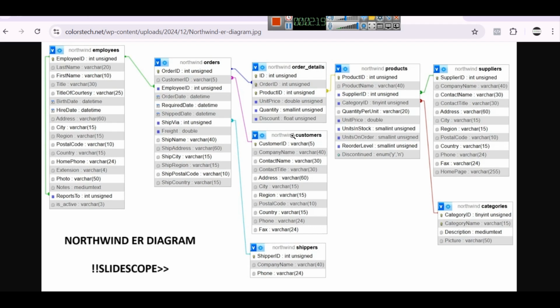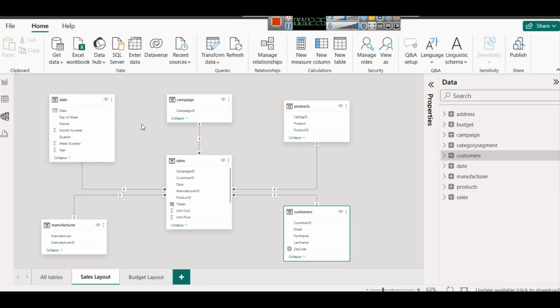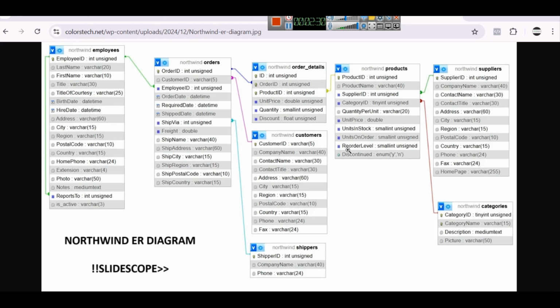Orders are connected to customers, customers are connected to shippers. In the similar way we have this relation. So we can see that product is connected with supplier and categories.